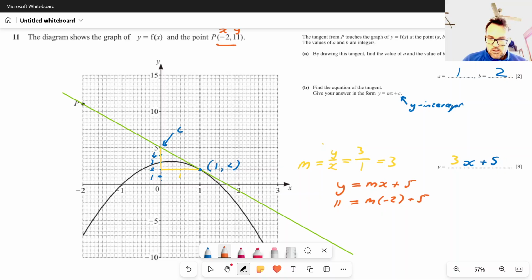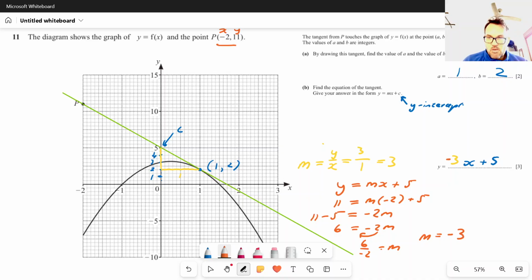And then we solve this. So move the 5 over there, 11 minus 5, and multiply this together. So m times minus 2 is minus 2m. 11 minus 5 is 6. And then we divide by minus 2. 6 divided by 2 is minus 3.